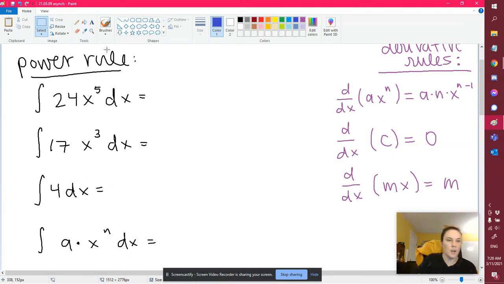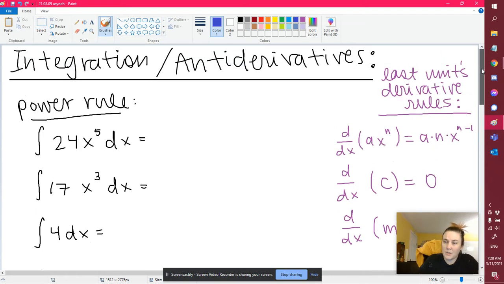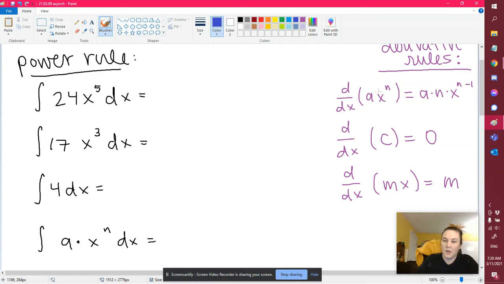Let's do it. Okay, so when we're doing the power rule, I'm going to look at last unit's derivative rules just as a refresher. Last unit, when we took the derivative of something that looked like a number times x to the power of n, we multiplied the two and then knocked the exponent down by 1, right?